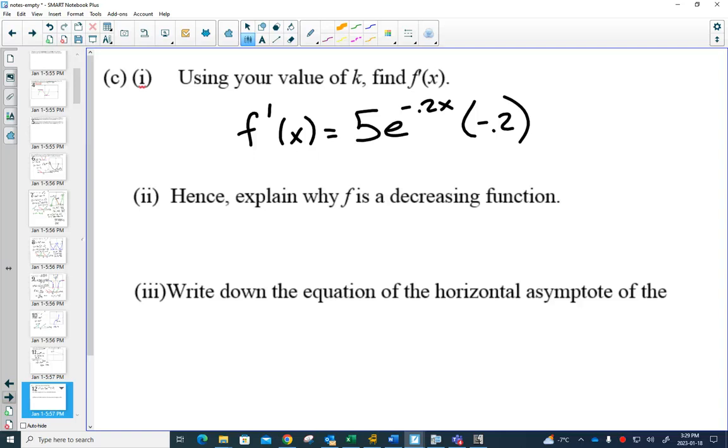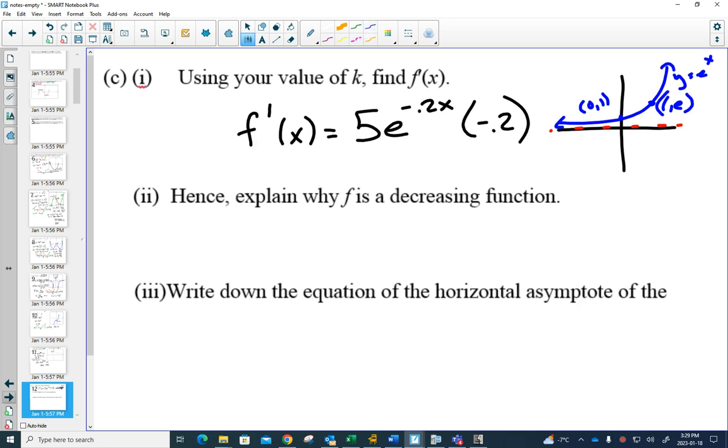The e to the x graph looks like this, with an asymptote here, as do all exponential functions, with, of course, (0, 1) and (1, e). That's your e to the x graph.